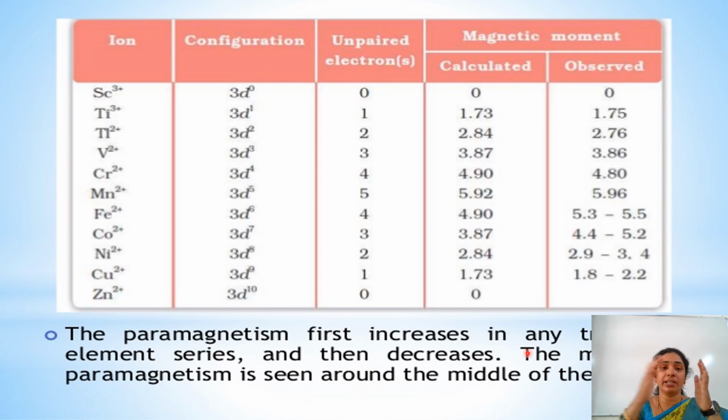For example, from scandium to zinc, we generally see the maximum paramagnetism in the middle, that is manganese and iron. First the paramagnetism increases, and then it decreases. Okay, this is about the magnetism of transition elements, and also variable oxidation state, one of the most important properties of transition elements. Thank you.